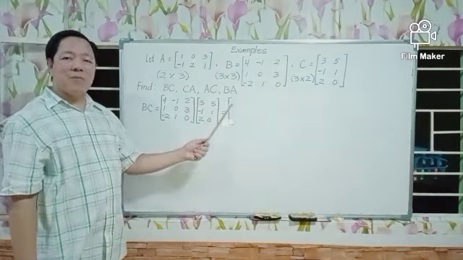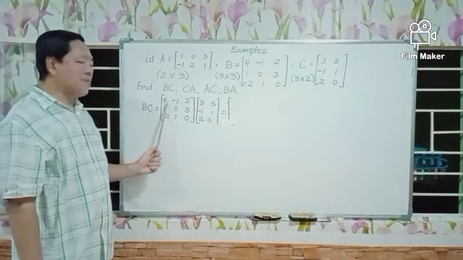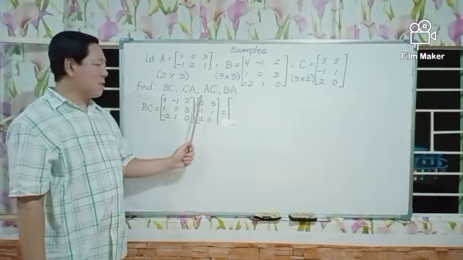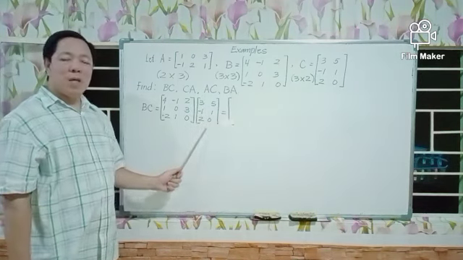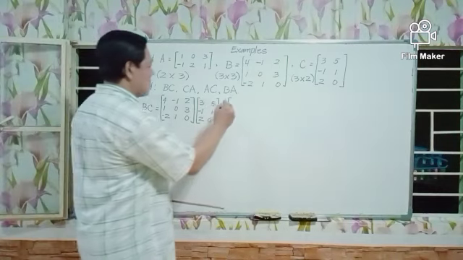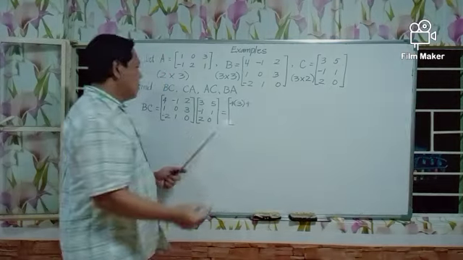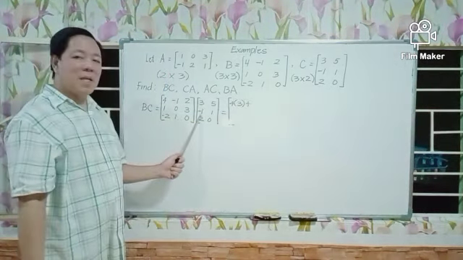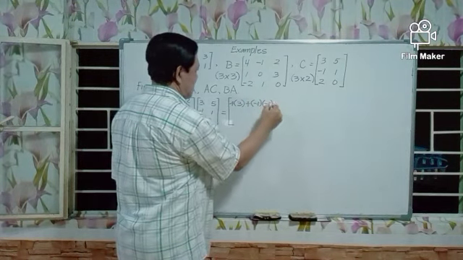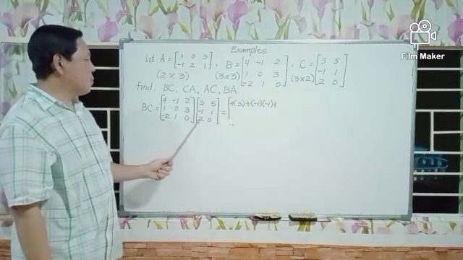Again, for the entry in the first row and first column, multiply the first row of the first matrix, 4, negative 1, 2, by the first column of the second matrix, 3, negative 1, 2, and add the products. 4 multiplied by 3, plus negative 1 by negative 1, plus 2 by 2.